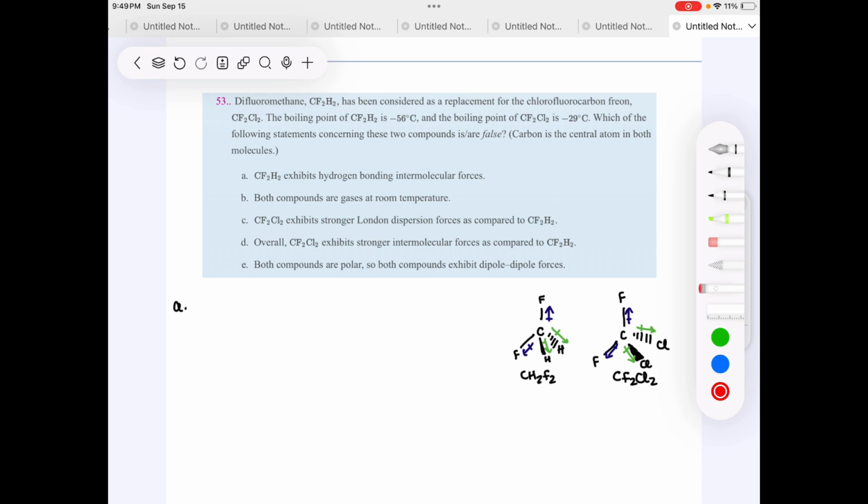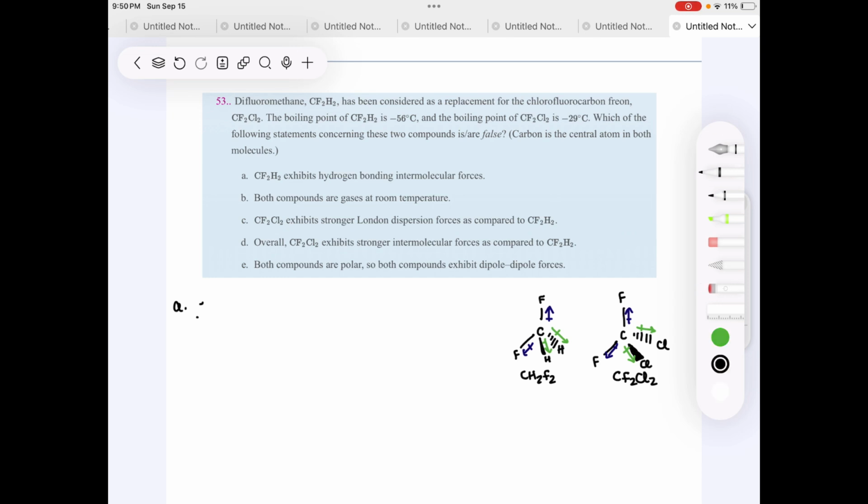For hydrogen bonding to occur, hydrogen needs to bond with highly electronegative atoms N, O, or F. For example, water, HF, or NH3.